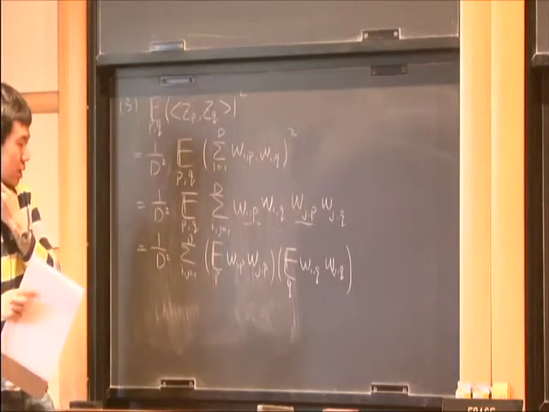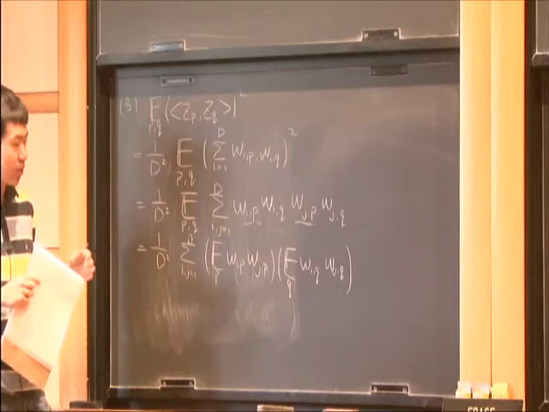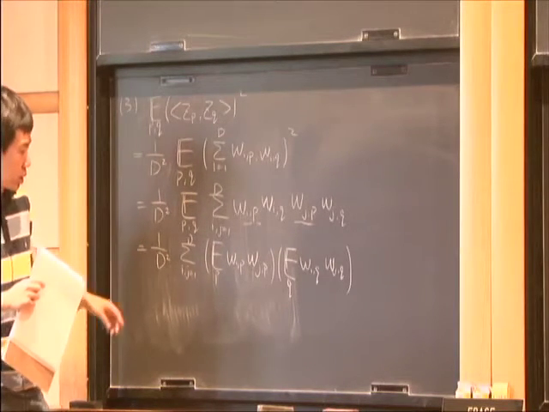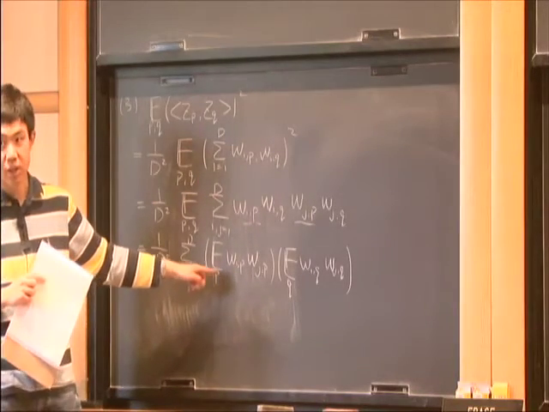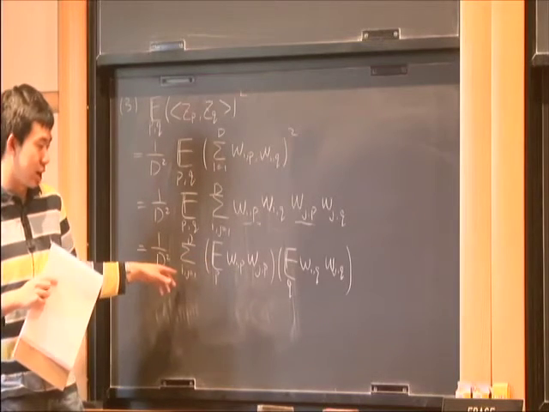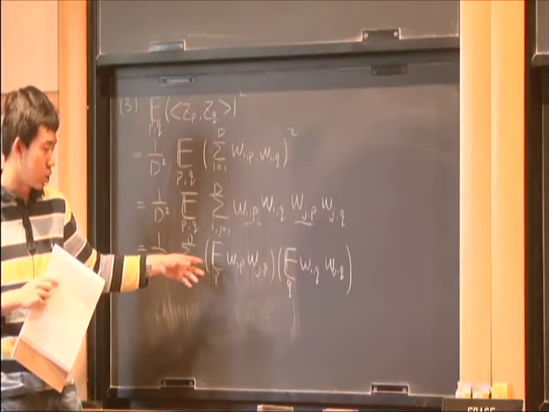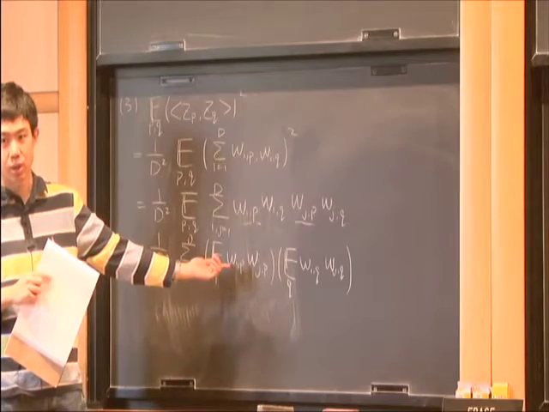Well, as we define these w vectors, they are eigenvectors, so they are orthogonal to each other. If i is different from j, then this expectation is exactly 0. So i has to be the same as j. And when i equals j, this is just the norm of this vector, so it's 1.